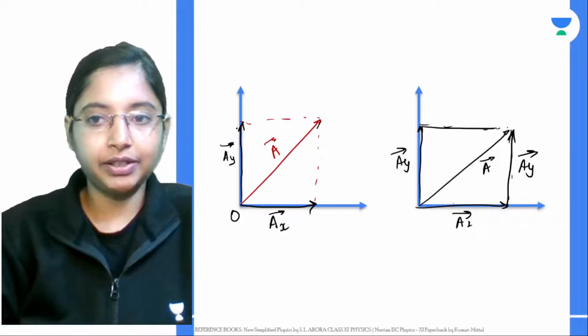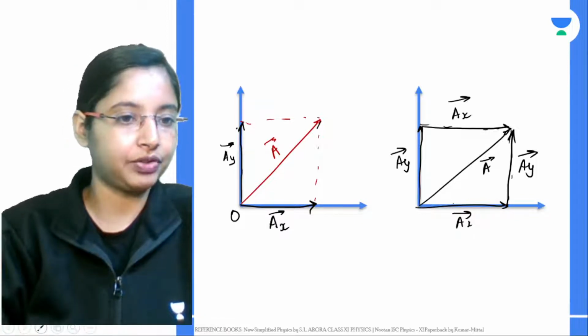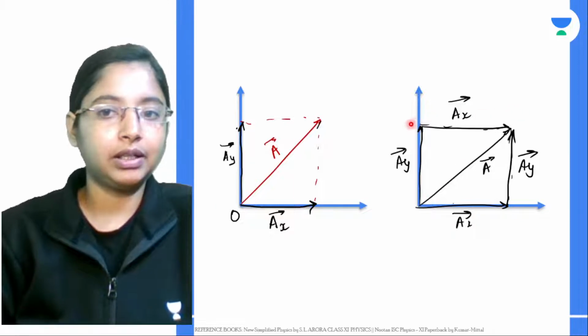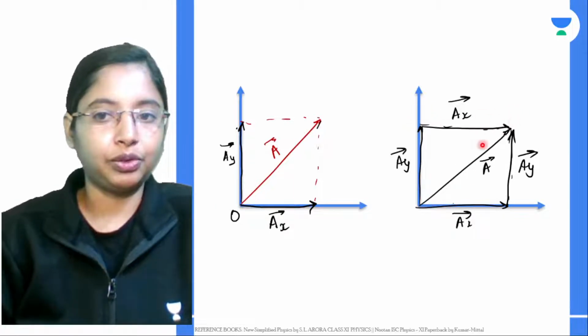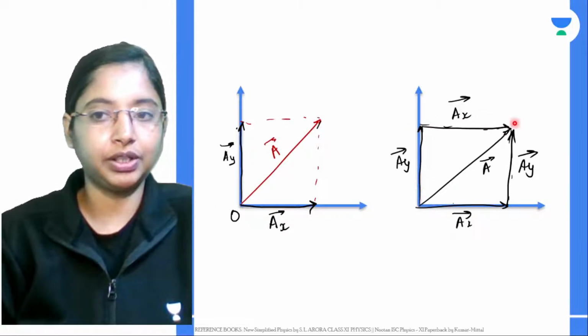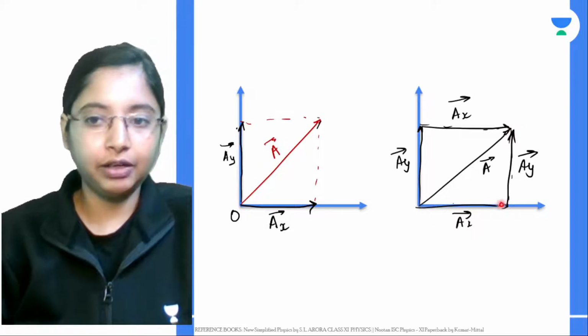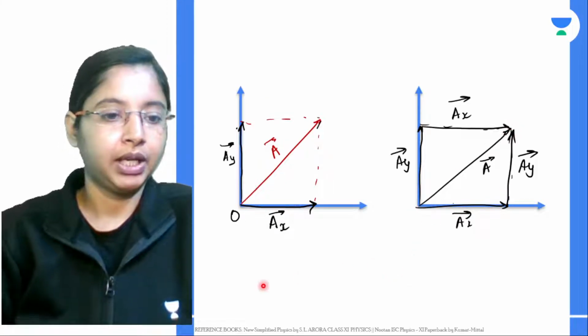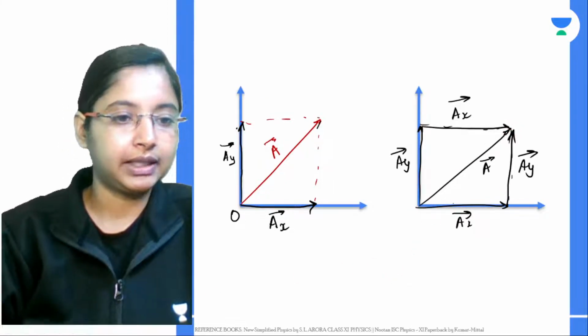Similarly, this ax vector, you can shift it over here, which basically gives you your vector law being commutative and associative. So you get one triangle, from the starting point to the end, and you can apply the triangular law of addition, and again for this side also you can do the same.